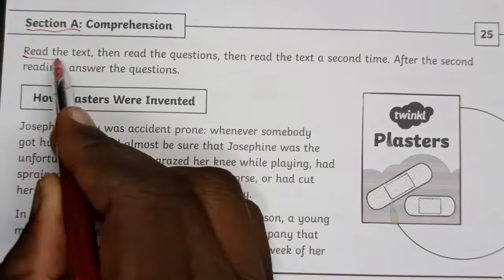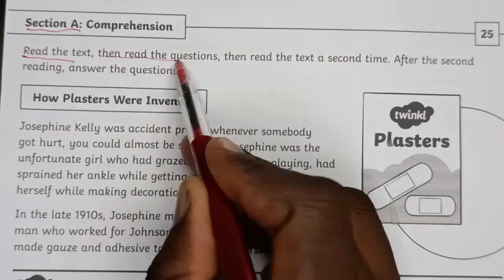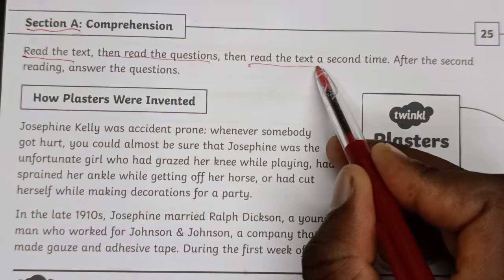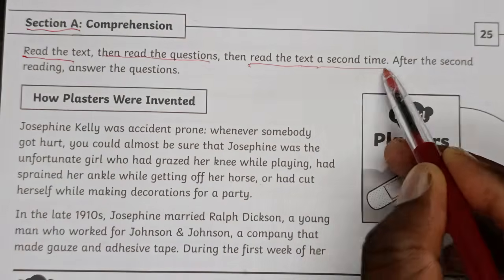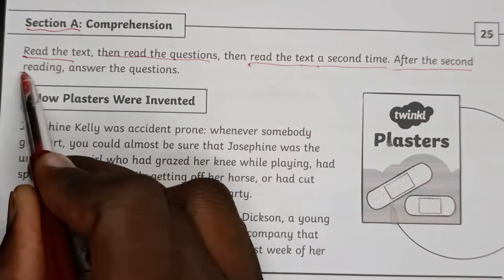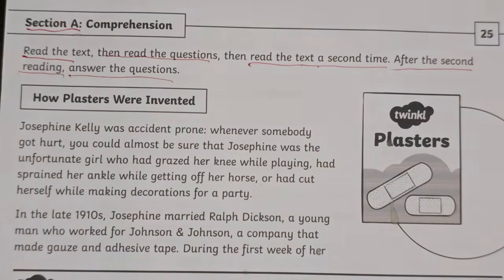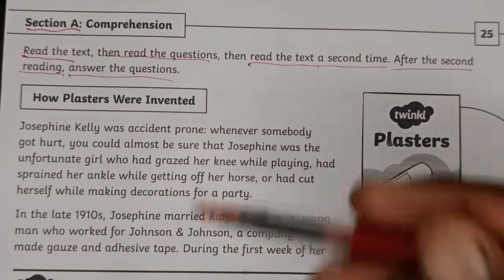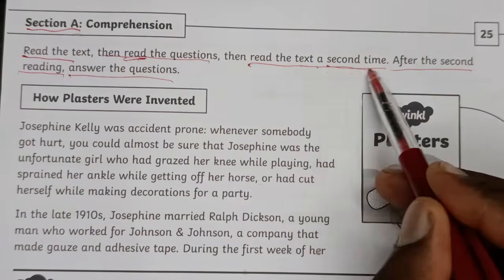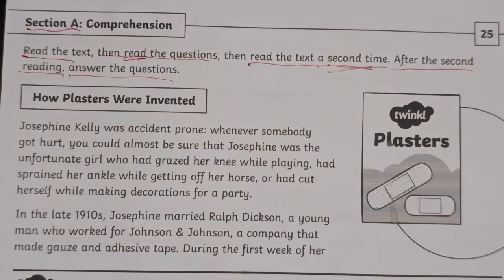So you read the text, then you read the question, then read the text a second time. After the second time reading, then you answer the question. So how many times are you going to read this text? You will read for the first time, and then you will read for the second time, and then you answer questions. Okay, let's get to it.